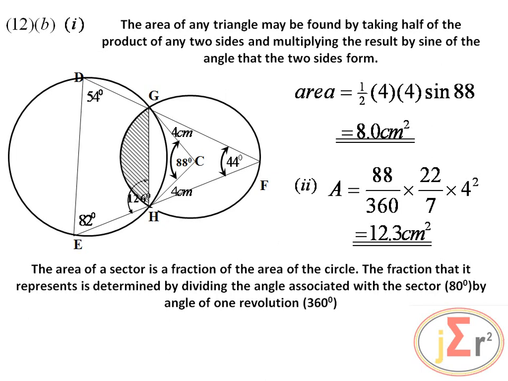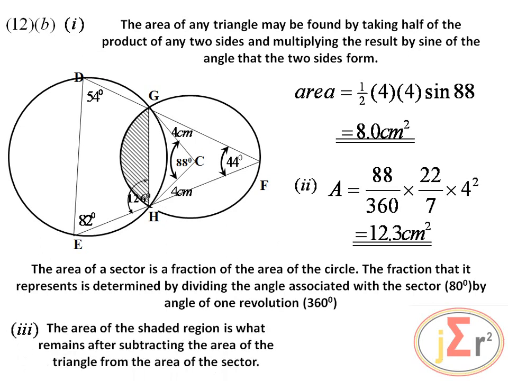Finally, we are required to find the shaded area right here. And the shaded area is the difference between those two areas. One is the area of the triangle and the other is the area of its associated sector.